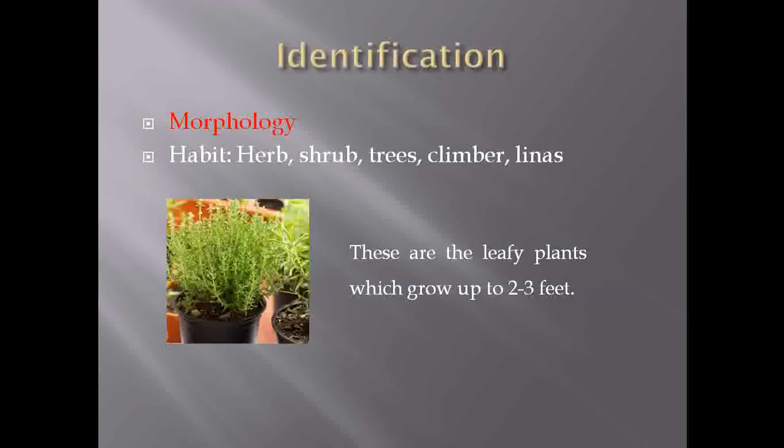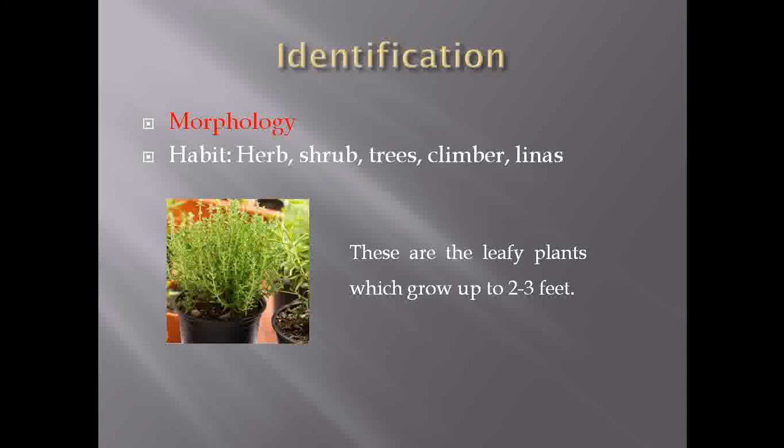Whenever we are going to identify a particular plant, we must know about their vegetative and reproductive characters. Then we can correctly identify that particular plant species. So under the vegetative characters, the first one is habit, and all the plants in the world come under herb, shrub, tree, climber or liana.